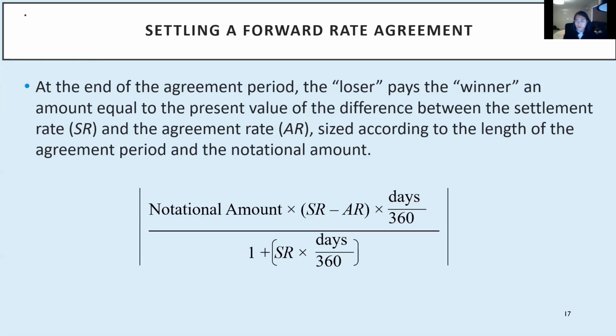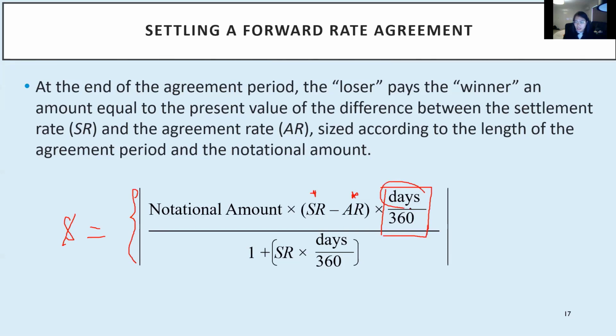So to calculate the amount of the settlement between the buyer and the seller, I'm going to follow this formula over here, okay? So this is my settlement amount. Now it will be given by the notional amount times the interest difference between the actual interest rate and the agreed rate, adjusting for the time, the maturity of the loan, okay?